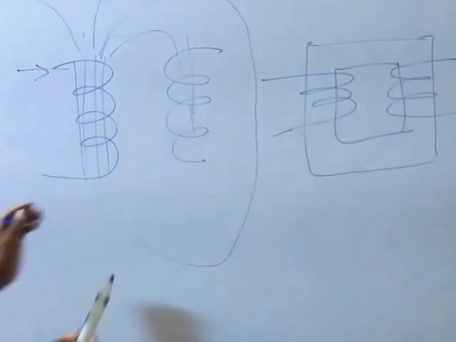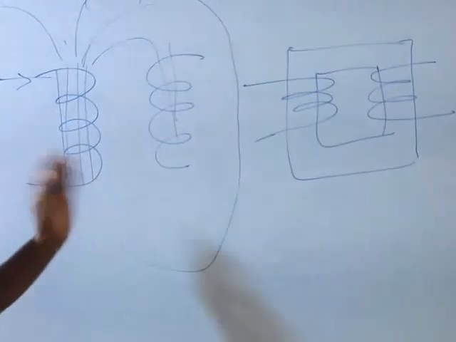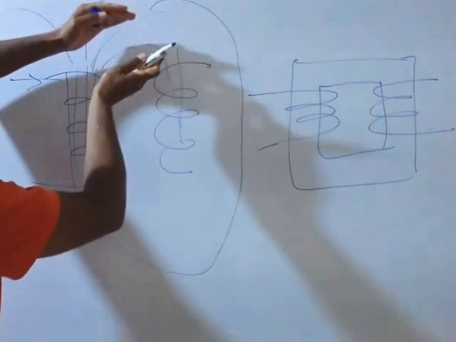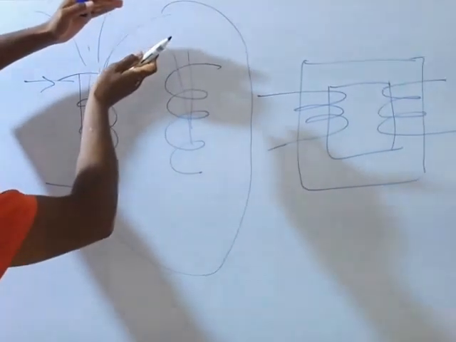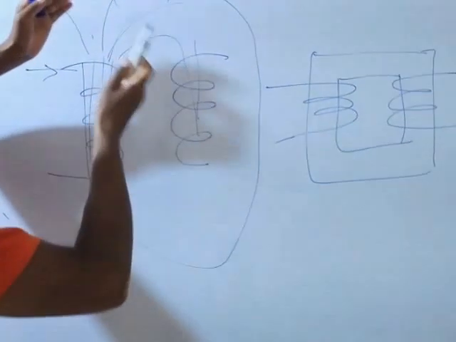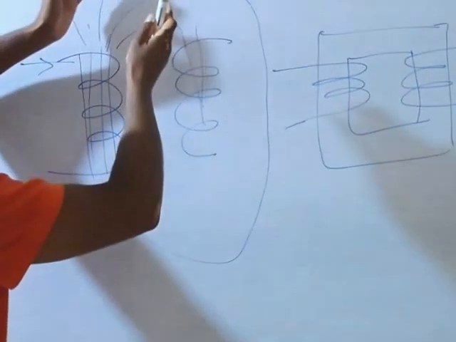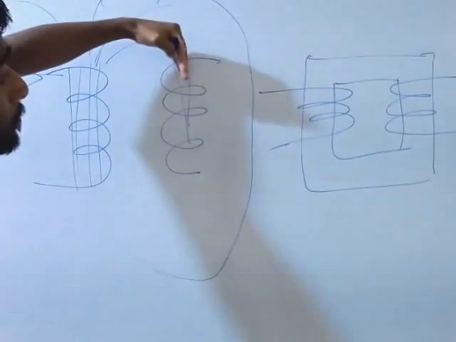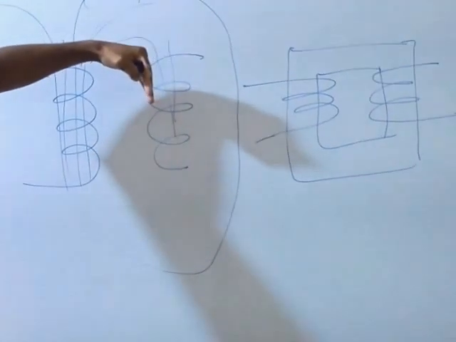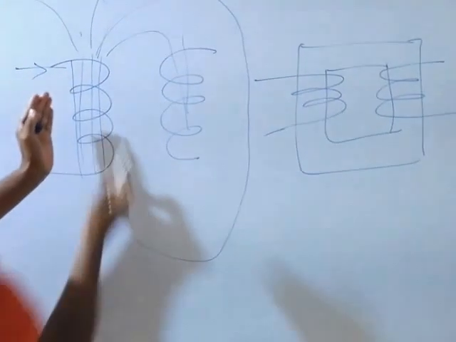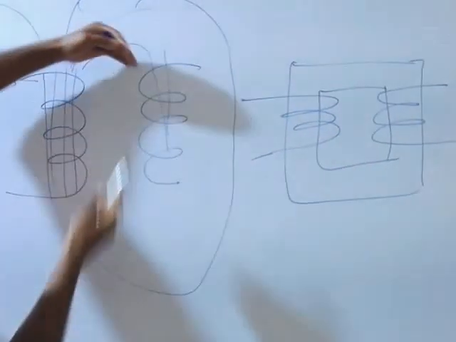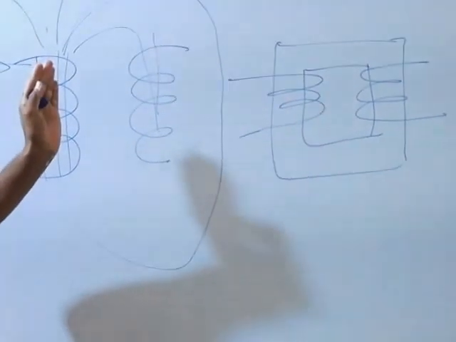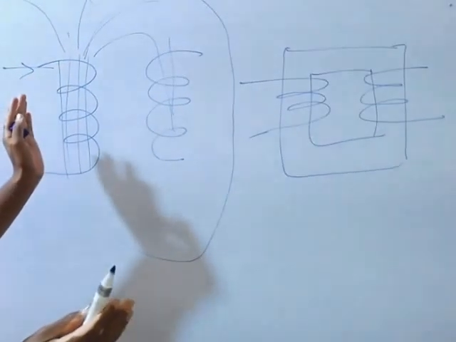So that is why we use a core, to confine all the fluxes in a definite path, in a definite area, and we want control over those fluxes, and we want all of them to pass through the secondary winding. Because if the flux generated from here does not pass through this winding, then that flux is called leakage flux, and we don't want that.